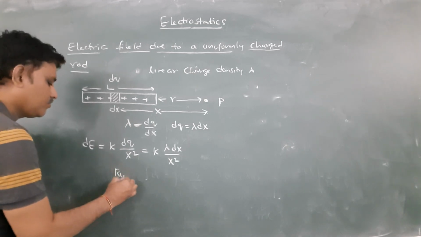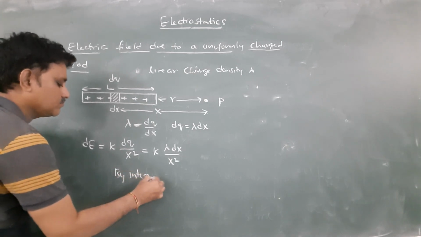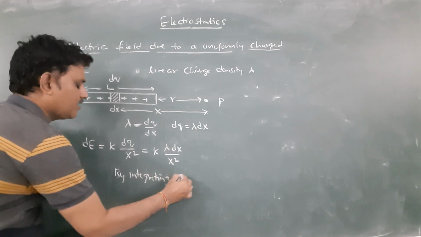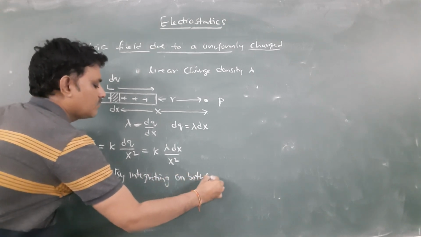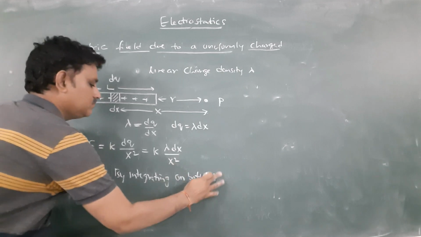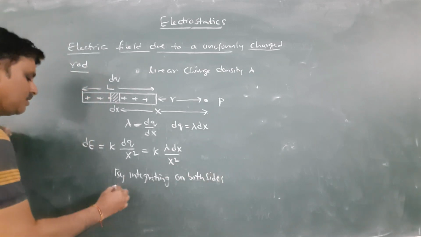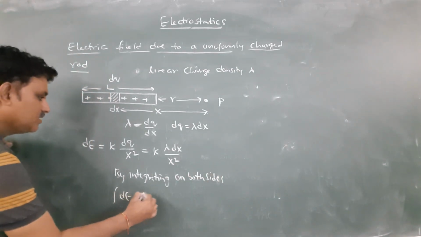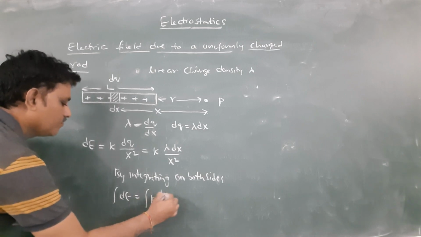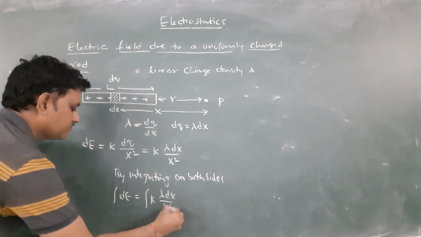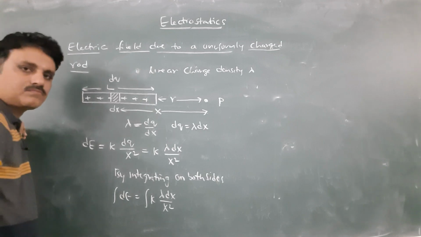Then, integrating on both sides, the integral of dE is equal to the integral of k lambda dx by x square.